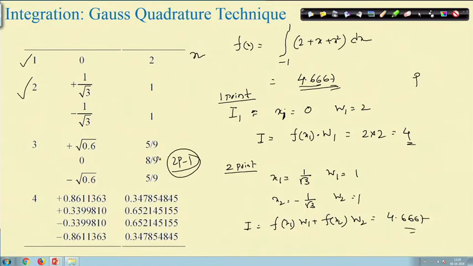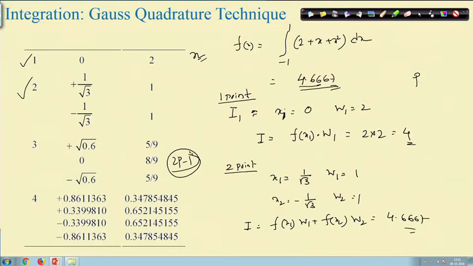Generally an n point rule can integrate a function of 2n minus 1. So, if you are using n point rule, then it gives you exact integration of a polynomial up to order 2n minus 1. For instance, in this case n is equal to 1.